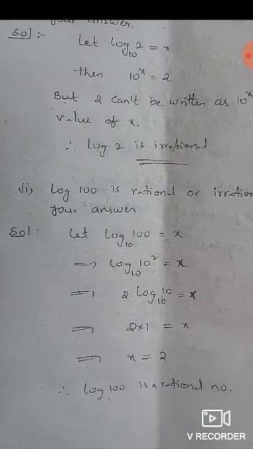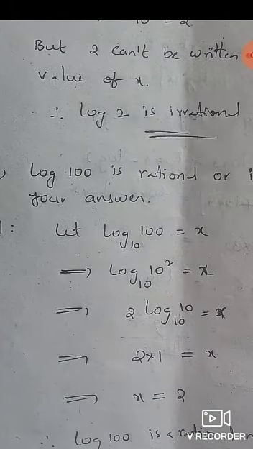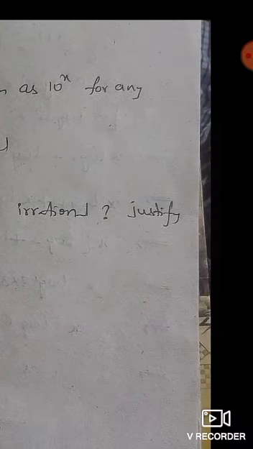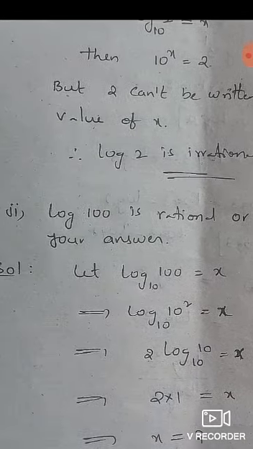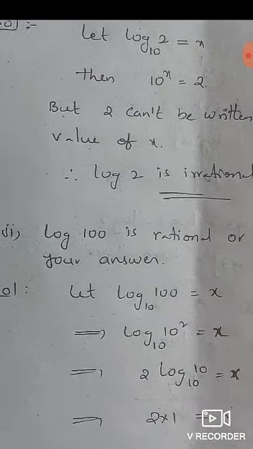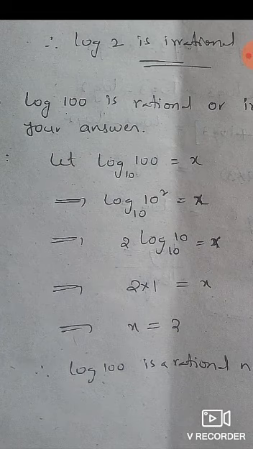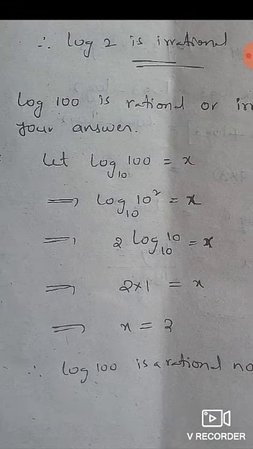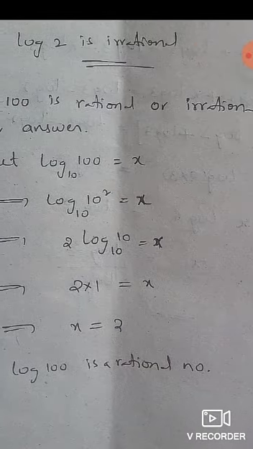So now we go to the second question. Log 100 is rational or irrational? Justify your answer. Same as the previous question, there log 2, here log 100 is given.